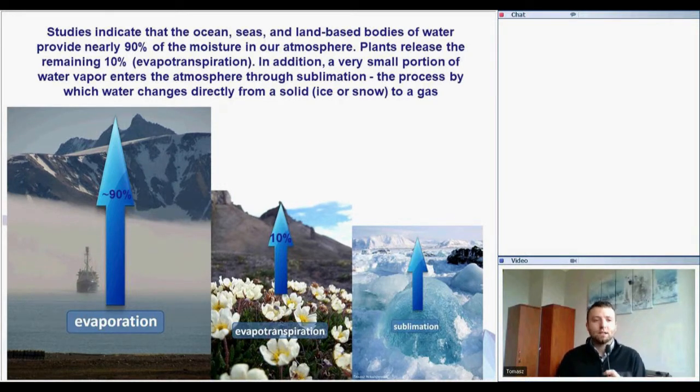And this process is called evapotranspiration. So it's the water vapor that comes from plants. In addition, a very small portion of water vapor enters the atmosphere through sublimation. That's the process by which water changes directly from a solid, ice or snow, to water vapor. So in the atmosphere we have water vapor from these three processes.